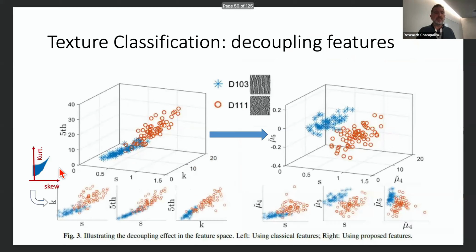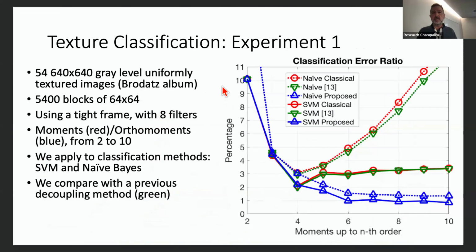So we remember this constraint of skewness and kurtosis. We can see this here. This is skewness, this is kurtosis. We have this dependency. This is skewness and fifth order kurtosis, and this is after the decoupling, right? And this is for these two textures. And so it works very well.